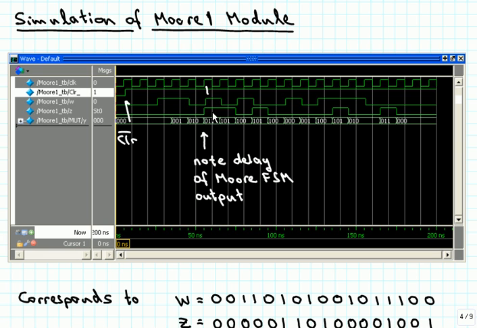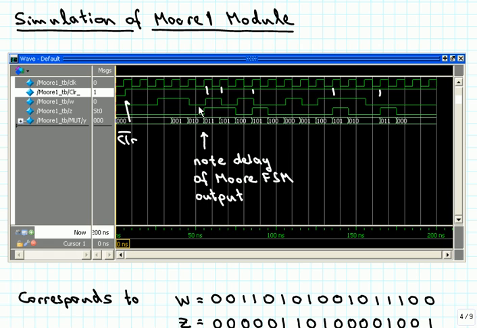Then there is another pattern 1, 0, 1 here, so that ends here, and that makes another 1 output. Then there is a 1, 0, 1 pattern between this one and this one here, and that makes an output here of 1. Then we see 2 zeros, a 1 and a 0 and a 1, so we get another 1 output here. And then we see a 1, 1, 0, so we get another 1 output here. Notice that there is a delay between detecting the 1, 1, 0 pattern.